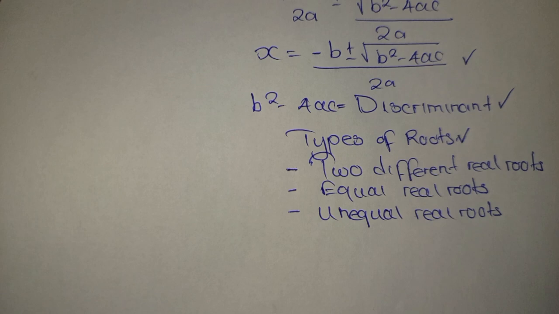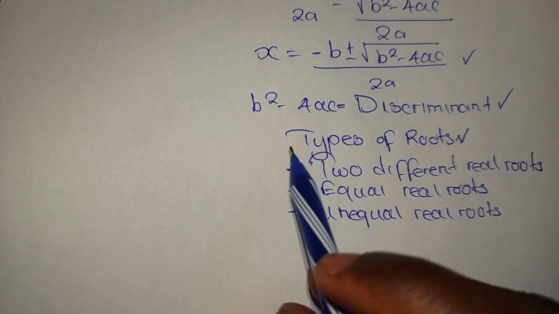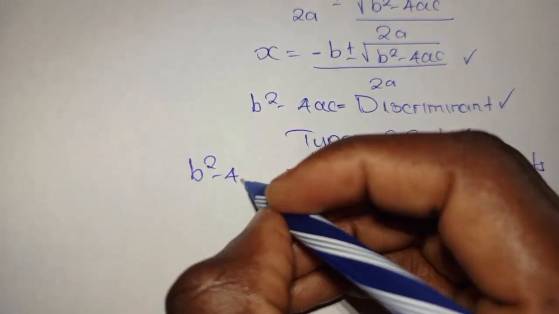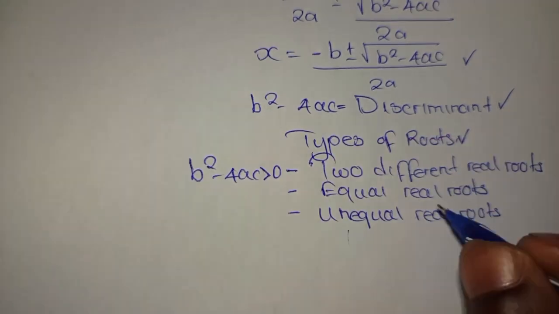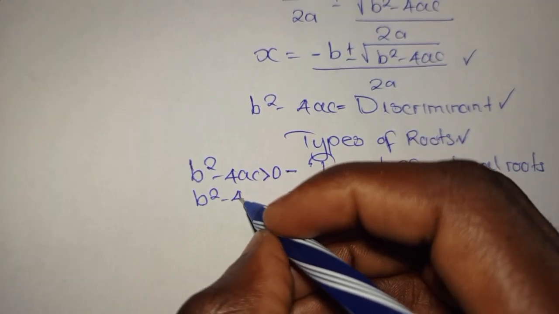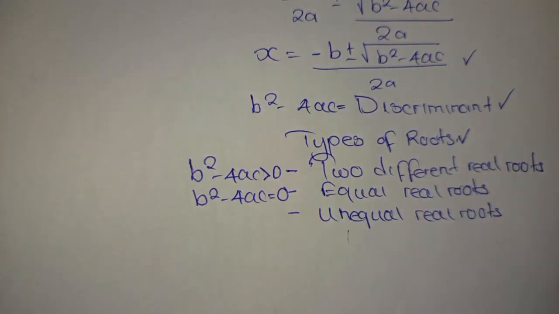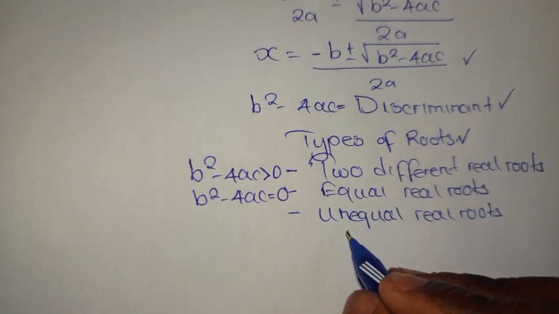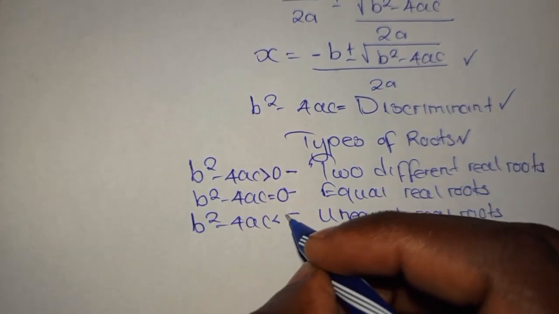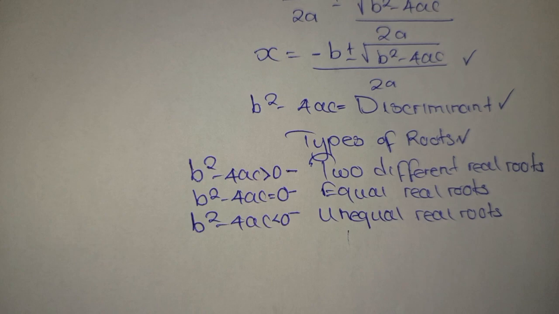So when we are dealing with these, how does the discriminant apply here? When b squared minus 4ac is greater than 0, you have two different real roots. If b squared minus 4ac is equal to 0, then you have equal real roots. And when b squared minus 4ac is lesser than 0, you have no real roots. So how do we use this discriminant to determine the types of roots?